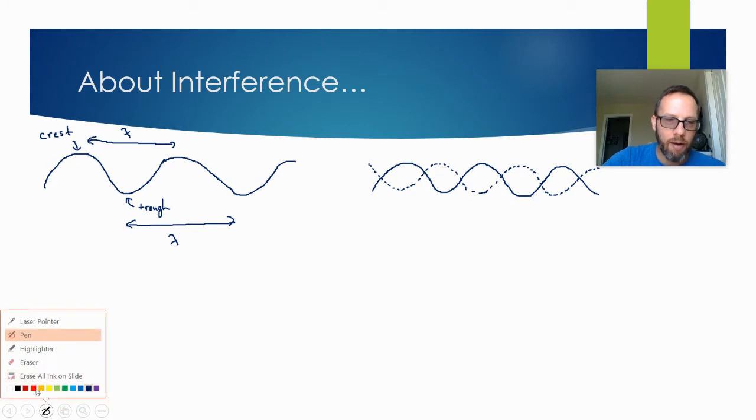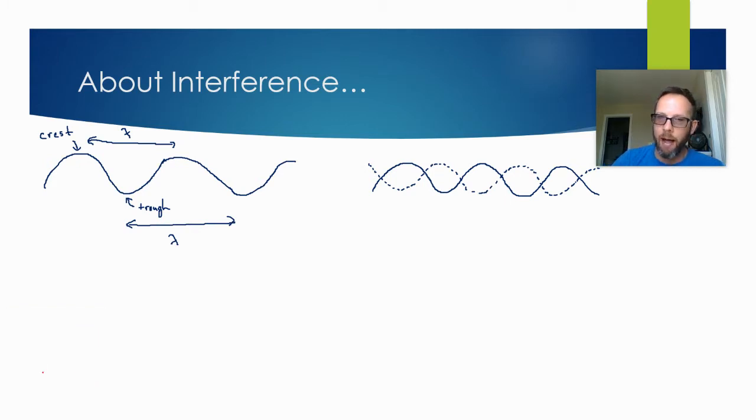If you add two waves like this that are perfectly balanced and out of phase, the crests and troughs line up. The two waves meet where there's no amplitude at all, and when you add those two together, you get nothing.